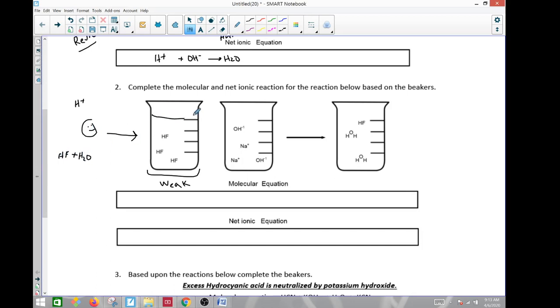So, all right, yields H3O plus F negative. But this thing is in a battle back and forth, and it's extremely reactant favored, and we get a very, very small amount of products. So small, in fact, that sometimes we don't even show them there.